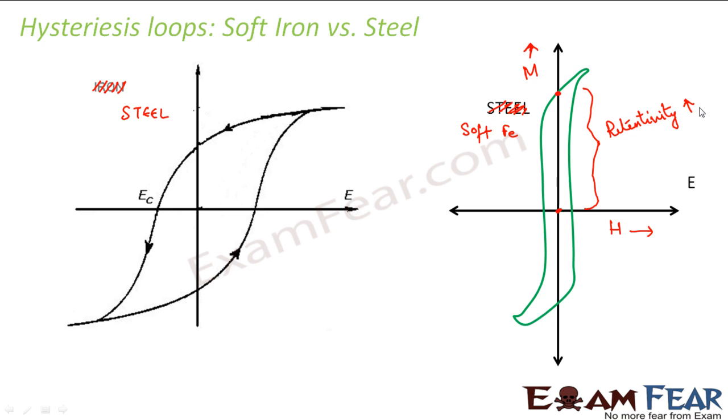For all those purposes, soft iron would be a very good choice. Whereas if you look at steel, the value of retentivity is very small, but in case of steel, the area inside the hysteresis curve is quite large. But here, the area inside the curve is comparatively very small.